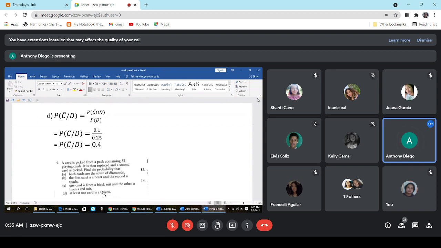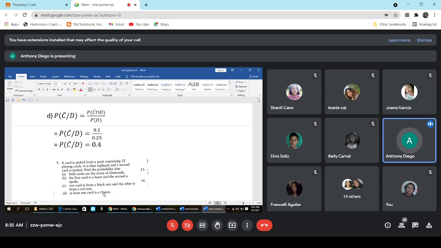B, the first card is a heart and the second is a spade. C, one card is from a black suit and the other is from a red suit. And D, at least one card is a queen.